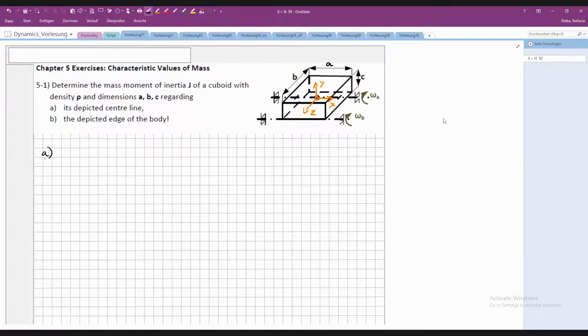Now, the general equation to obtain the mass moment of inertia, Jx, in situation A, is the following. It's the square of the radius in x direction integrated over the mass.